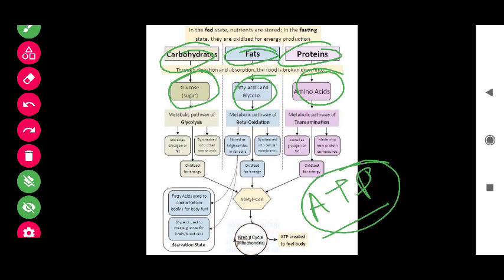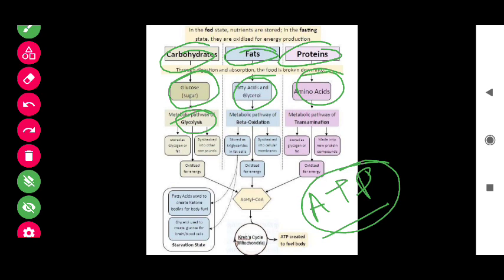The metabolic pathway of carbohydrate to convert it into ATP, the first process is glycolysis. Glycolysis means breakdown of glucose into small fragments or acetyl-CoA, then convert it into ATP through the electron transport chain.